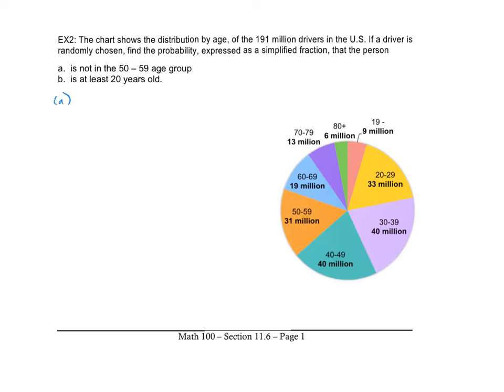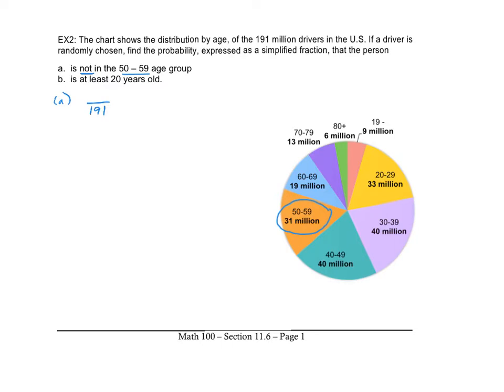Part A, we have not in the 50 to 59 age group. When we look at the 50 to 59 age group, there's 31 million drivers there. But we don't want that group. We want all the other groups. So the probability, which again is going to be a fraction, where there's 191 million drivers to choose from, so that's the denominator.